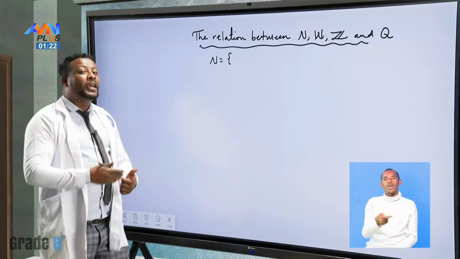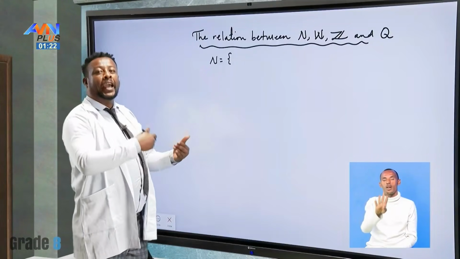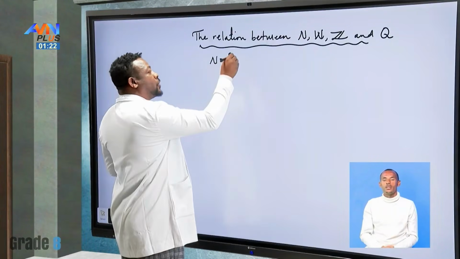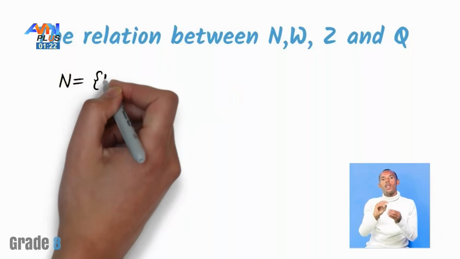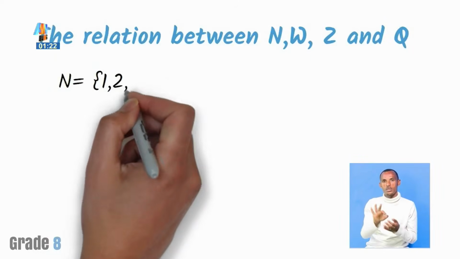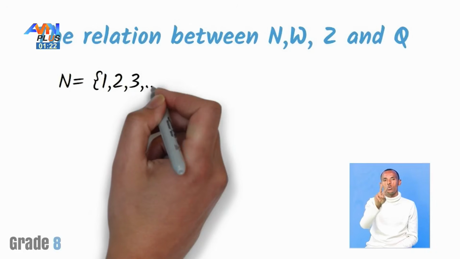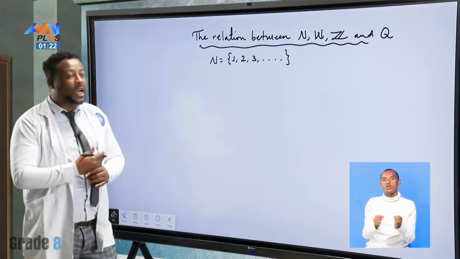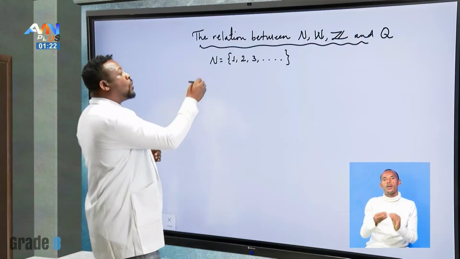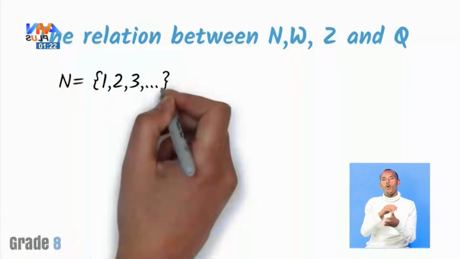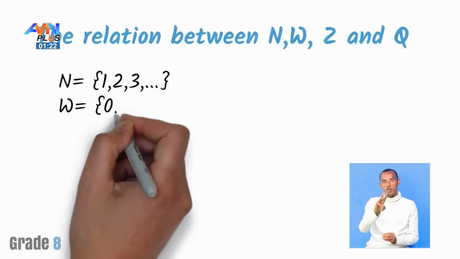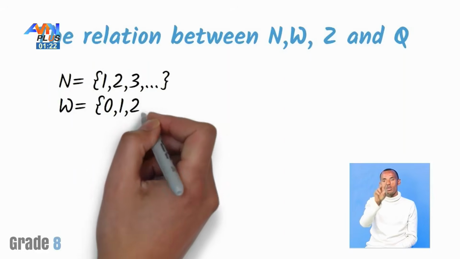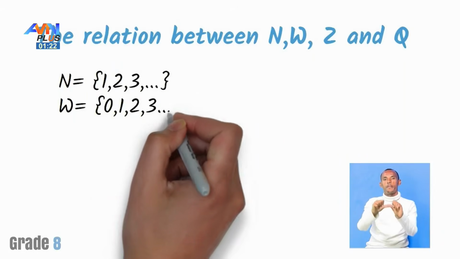If you say 1, 2, 3, and so on, you are right. So the set of natural numbers contains numbers such as 1, 2, 3, and so on. The set of whole numbers contains numbers such as 0, 1, 2, 3, and so on.